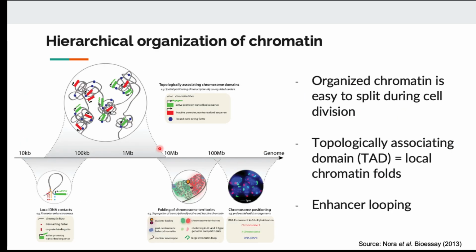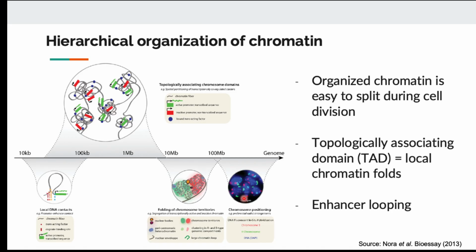So people have found that in general, we can think of the 3D structure of the chromosomes at several scales. On the largest scale, if you fluorescently label individual chromosomes, like chromosome 1, 2, 3, 4, 5, with different colors, the first thing you will find through the microscope is that each chromosome will fold into a ball separately.